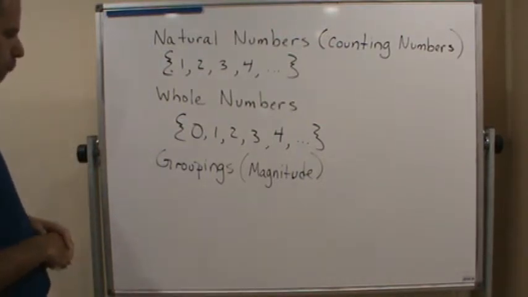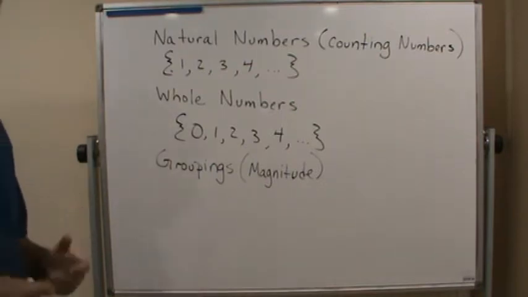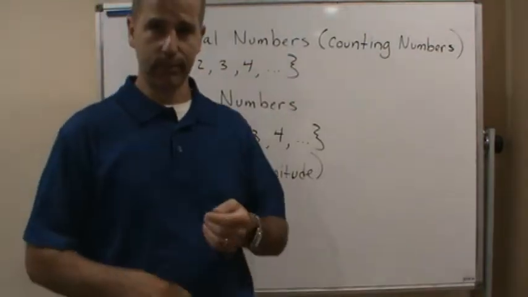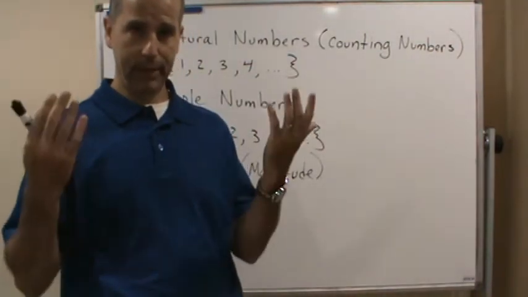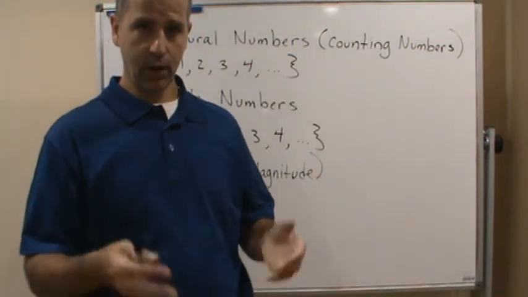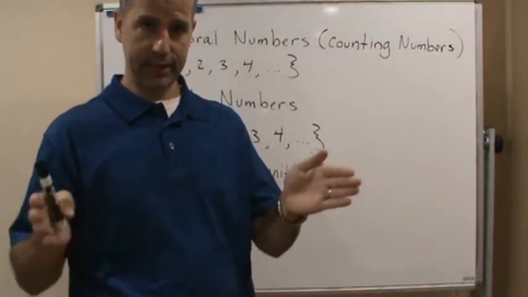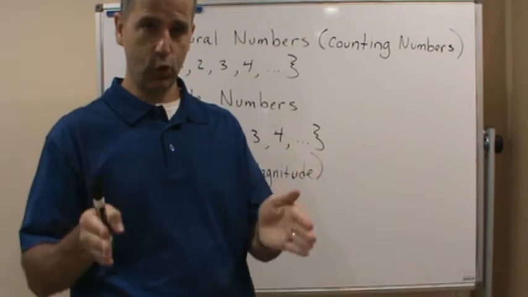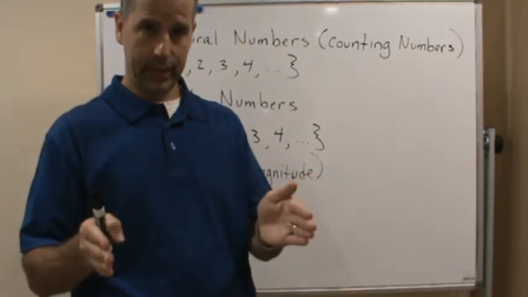So now, what about these groupings? Well, in our system, we group by 3s. Every group of 3 digits together represents a new grouping name.